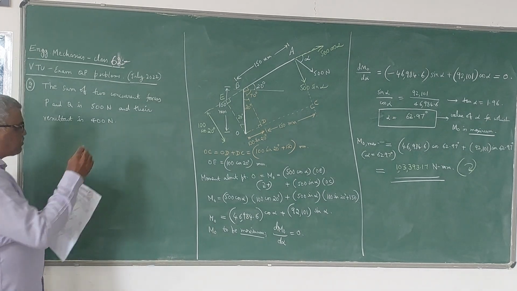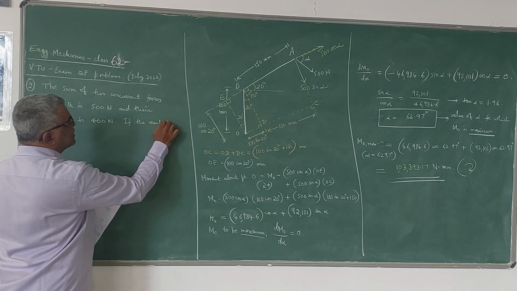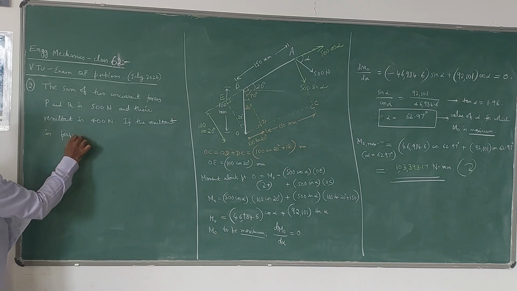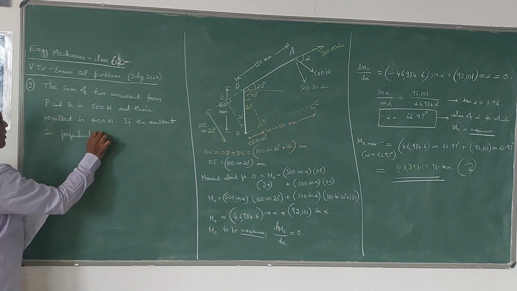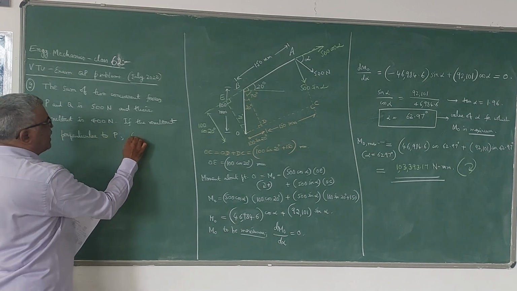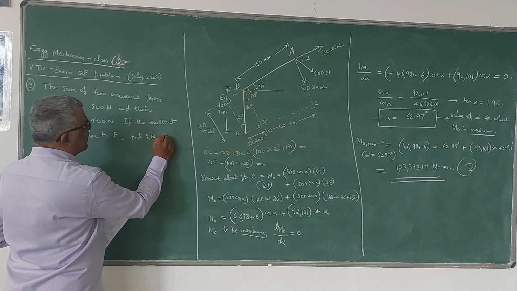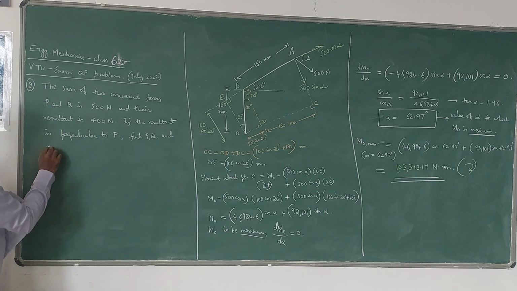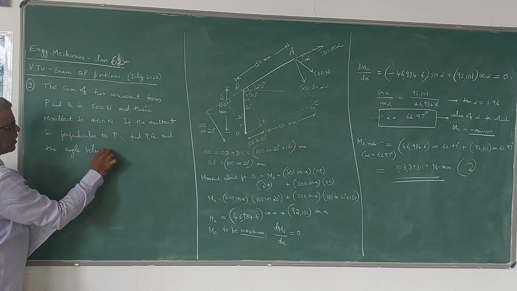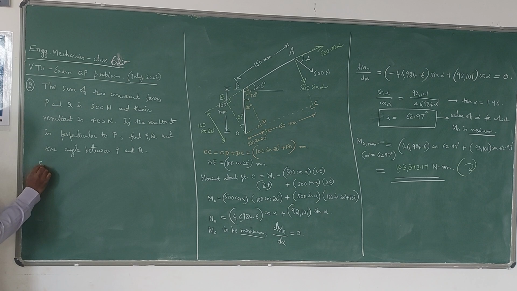If the resultant is perpendicular to P, find P, Q and the angle between P and Q. So this is the problem given.